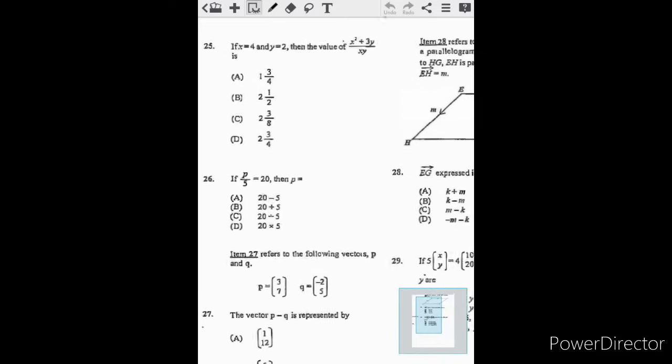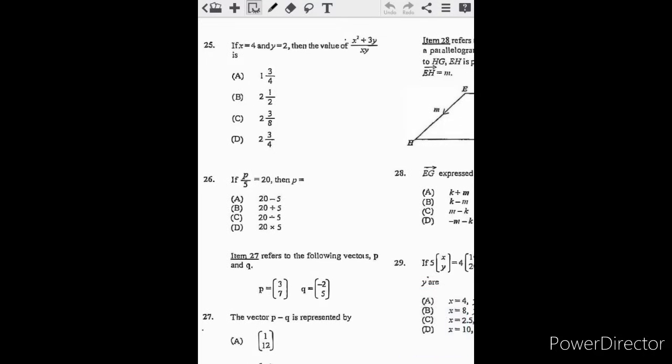Question 25. If x is equal to 4 and y is equal to 2, then the value of x squared plus 3y divided by xy is... we know our x and y values. Therefore, wherever we see x and y, we put our 4 and 2 respectively.